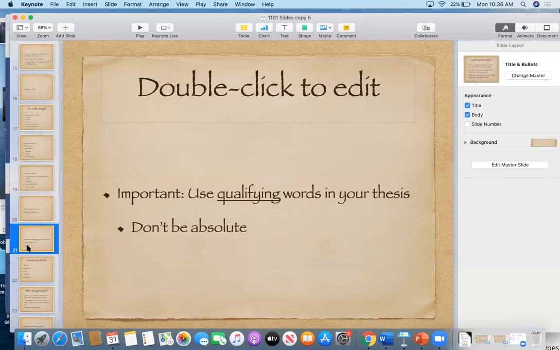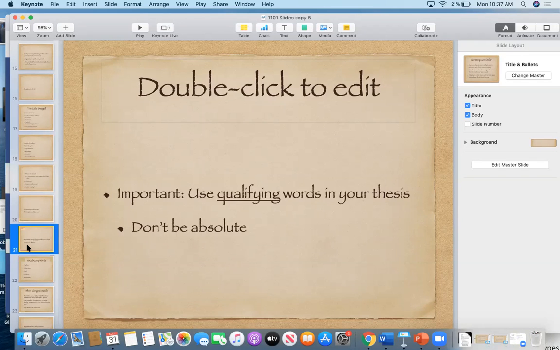Make sure to use qualifying words in your thesis. A great example is on page 10 of the little Siegel book. They give you an example: gasoline prices fluctuate because of production procedures, consumer demand, international policies, and companies' policies, et cetera. That's a good thesis, but it's more absolute.